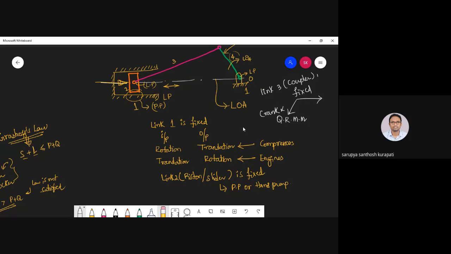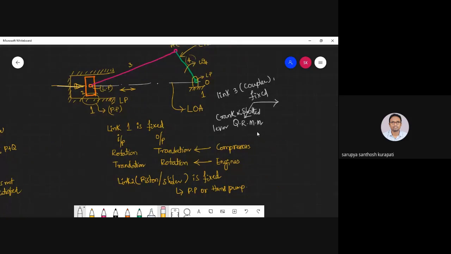We have discussed this in my last class. What is the second you are going to get? Oscillating cylinder engine mechanism. So these are the things we are going to get if we fix the coupler.